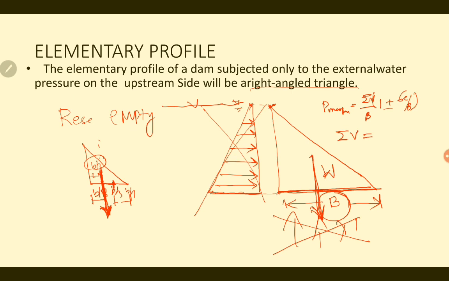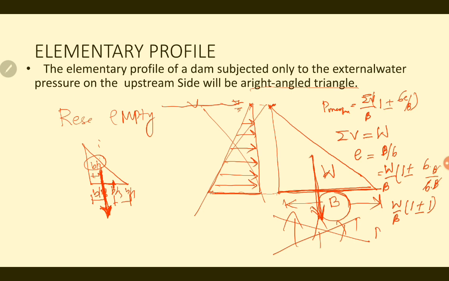As there is no other force, sigma V is equal to the weight W. What must be the value of eccentricity E? E will be equal to B by 6. Substituting in the equation, you get W by B times 1 plus or minus 6 into B by 6 into B, so it becomes W by B times 1 plus or minus 1.